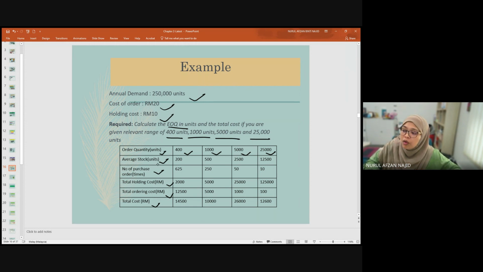What is the formula for average? EOQ bahagi 2. Okay, what is the formula of number of purchase order? Macam mana dapat 625? Anyone? How to get 625? What is the formula for number of purchase order?